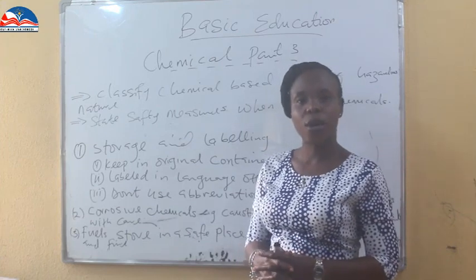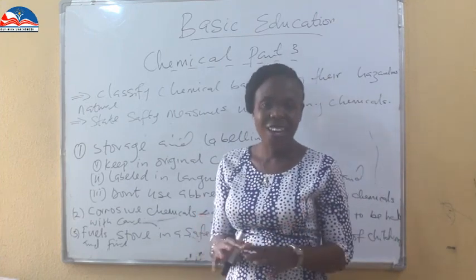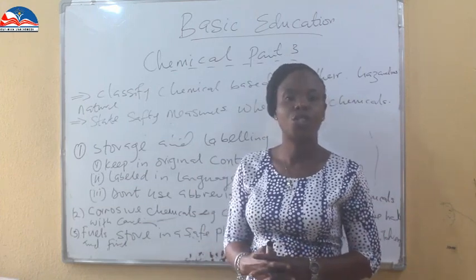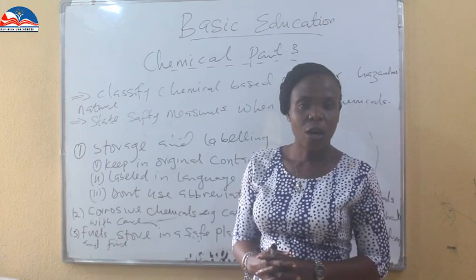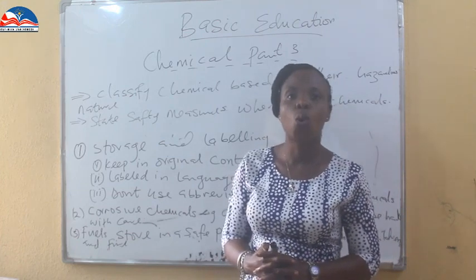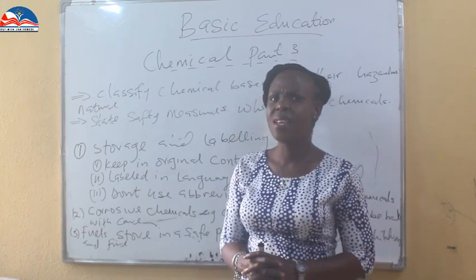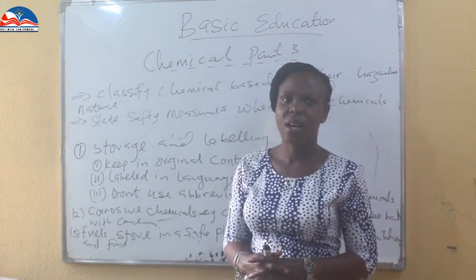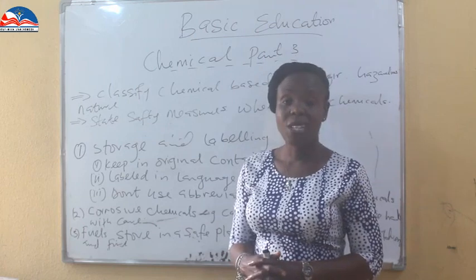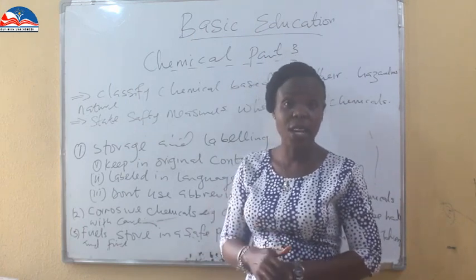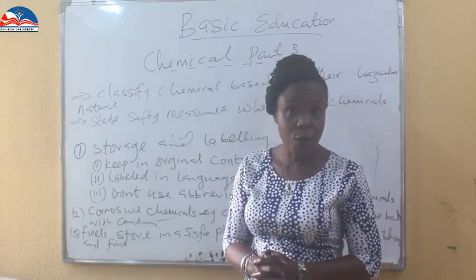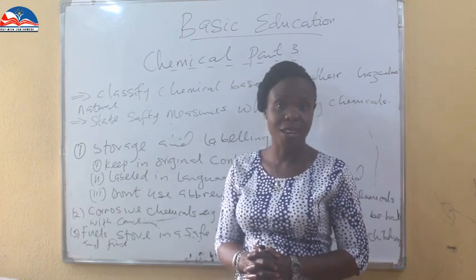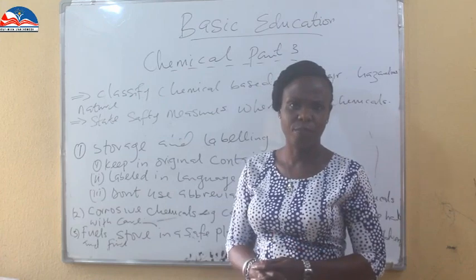First, you have to store your chemical in a shelf, in a cupboard that can be locked and out of the reach of children or people who might not know that these containers, these bottles, are chemicals. So put it in a cupboard, lock it so that unwanted people who may not know the hazardous nature of this chemical might not have access to them.